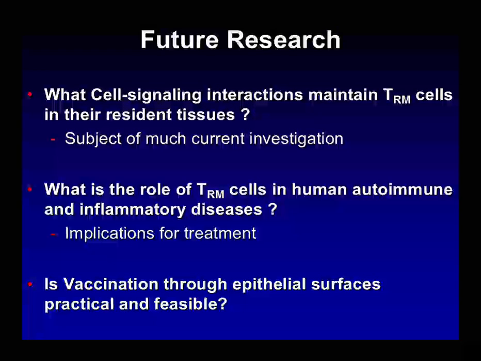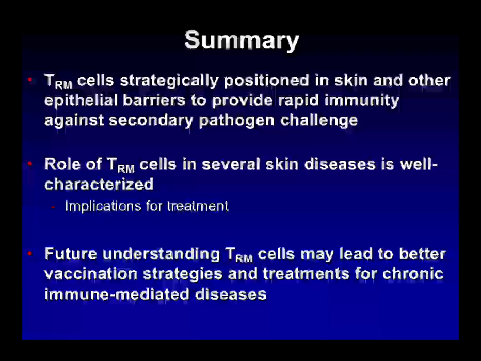Of course, we're just touching the surface of the role of tissue-resident memory T cells in a wide variety of autoimmune and immune-mediated diseases. And with time, we can better understand the implications in terms of treating these diseases. And although vaccination strategies to produce tissue-resident memory T cells sound great on paper, we have to learn, are they really feasible and practical in real life?